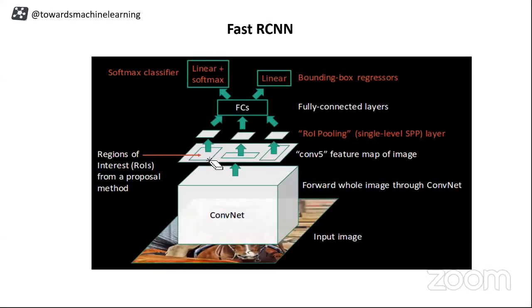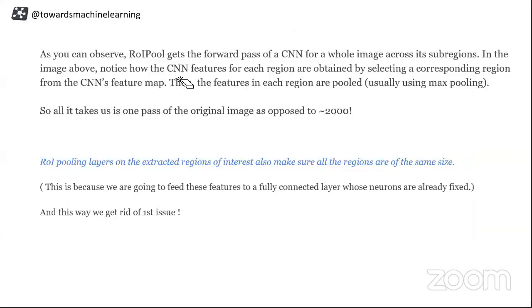You can pull them out, and then you have fully connected layers, which end with the bounding box regressor, as well as something different here. Earlier, we were using an SVM classifier, but in this architecture, he was using a softmax classifier. As you can see, we are not passing 2000 images separately for a single image through the convolutional neural network, so we are saving our time.